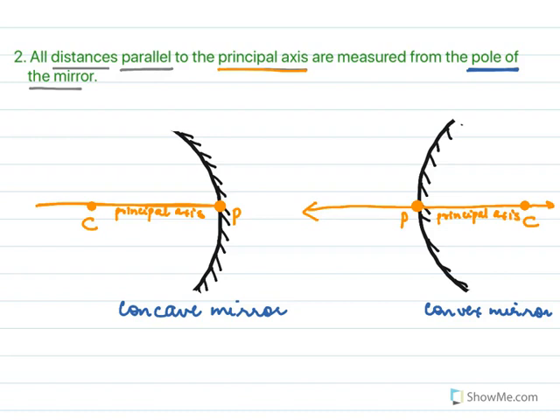Now they say all measures are to be made from the pole of the mirror, which means if I have an object kept at this point, here is the object, and I want to measure the object distance, I would have to measure from the pole, this is the pole, to this. This would be my object distance.